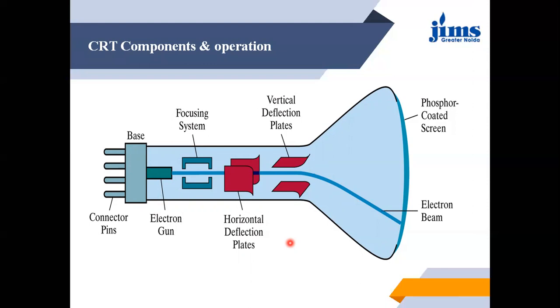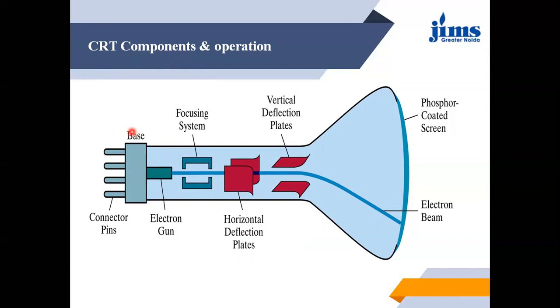So we will try to understand the complete procedure for that. These are the CRT components and operations. CRT means cathode ray tubes. So we will discuss the operations on the components of the cathode ray tube.